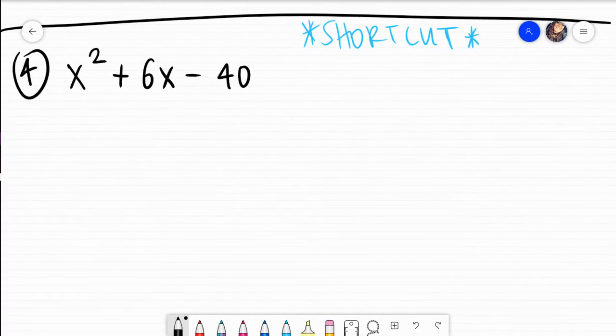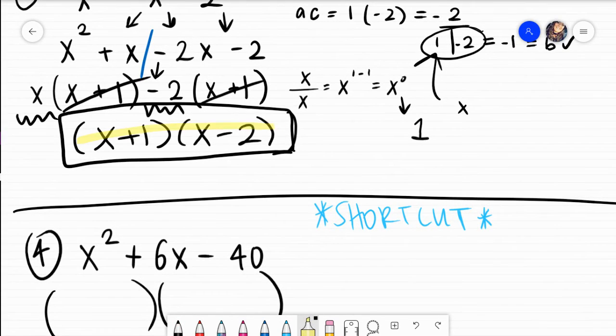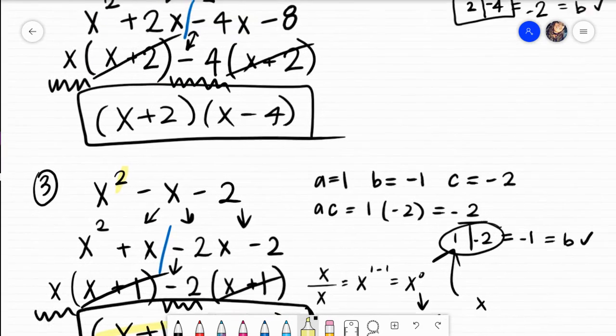So it's going to look a lot different than what we've done. What you do for this shortcut could also be called trial and error, because you could attempt it, then FOIL it, learn that it actually didn't work, and try it again. I know that because this is a 2nd degree trinomial, I end up with 2 factors because I started with squared.